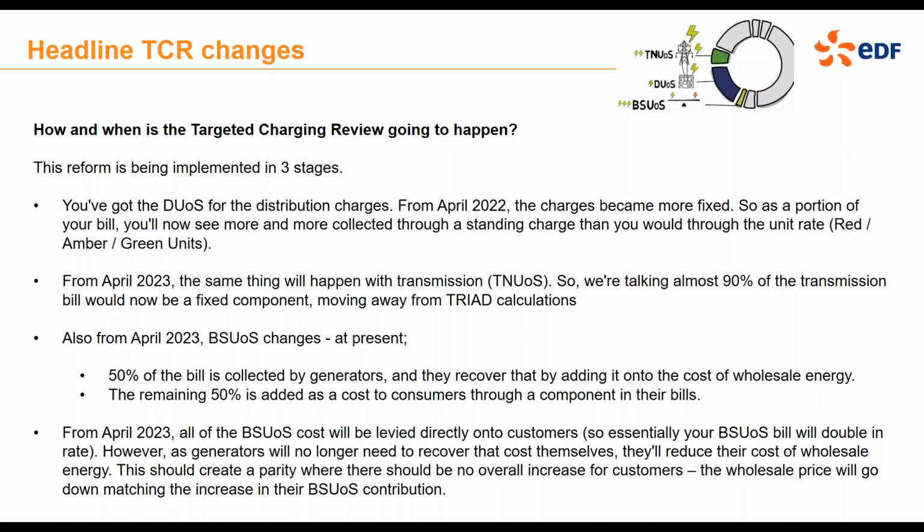Similarly, with transmission costs, 100% of the transmission cost was determined by what we call triad calculations. So your individual performance for half-hourly meters at the 3 highest peaks of demand over winter. So when we get to March, the grid looked back and says the 3 highest points of demand were the 1st of Feb, the 1st of Jan, and the 1st of December, between 4 and half 4 or 5 and half 5.